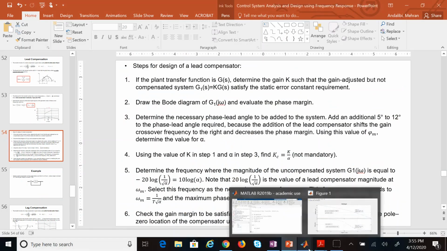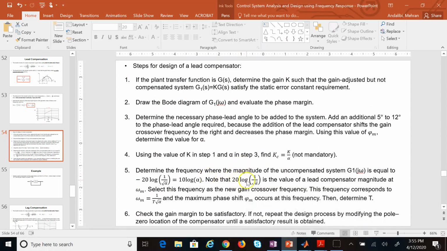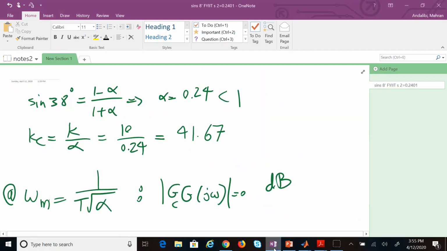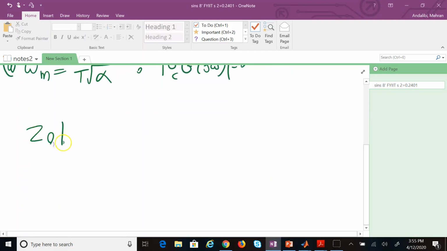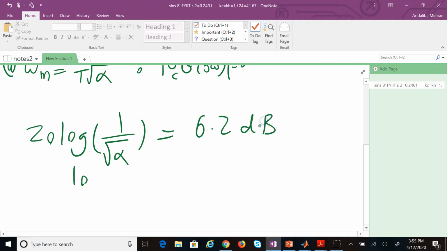So look, I first calculate 20 log of 1 over square root alpha. How much is that for this alpha of 0.24? If we calculate it, it is 6.2 decibel.